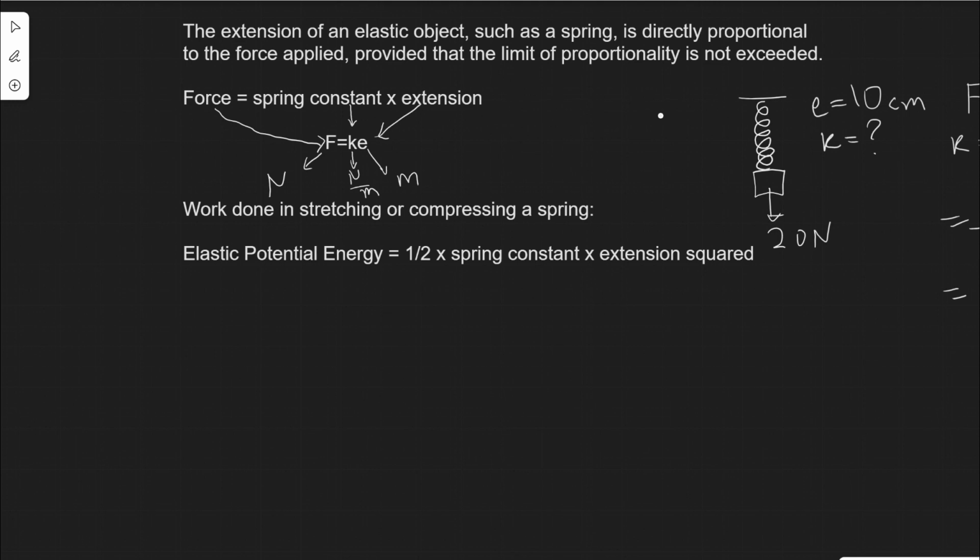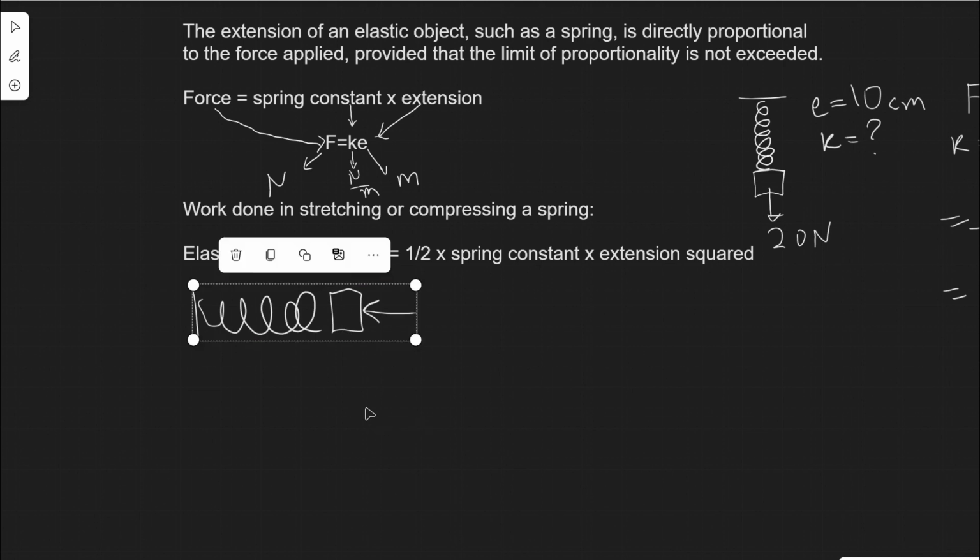Yet another formula that we need to know is the formula for work done or elastic potential energy, and to compress a spring or stretch it, we need to do some work. So for instance, if I had a spring like that, and if I wanted to compress it, I need to apply a force and move this object a particular distance.